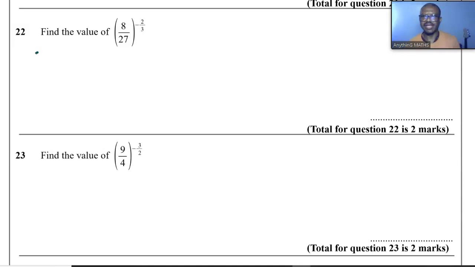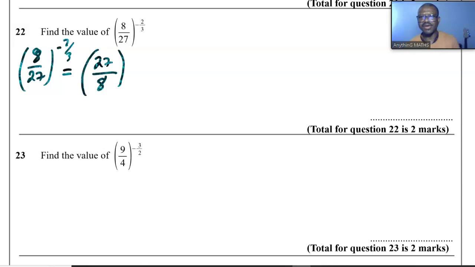8 over 27 all raised to the power negative 2 over 3 can be written as 27 over 8 raised to the power positive 2 over 3. This is so important.